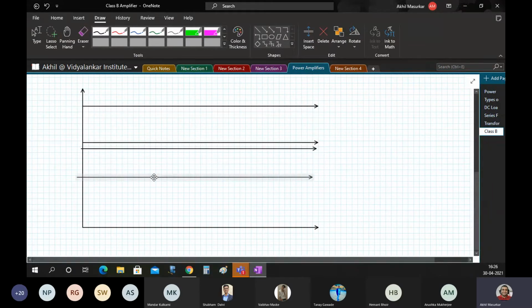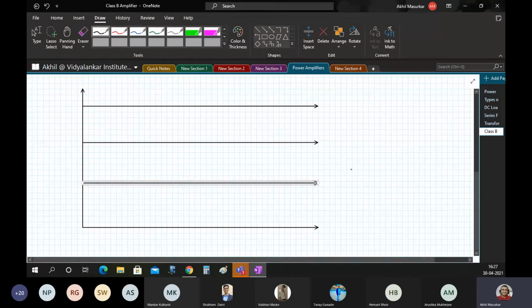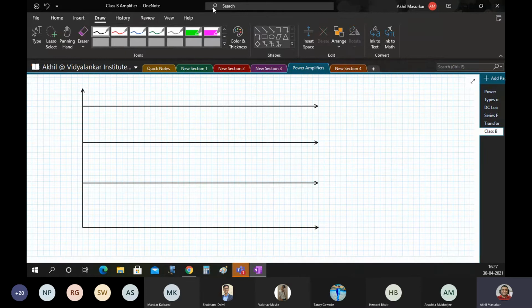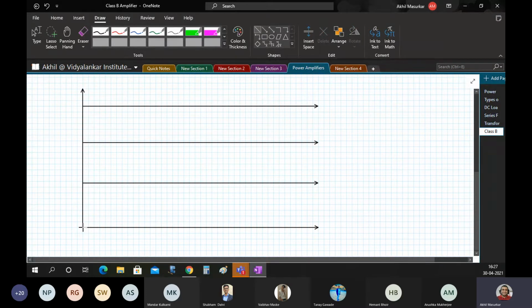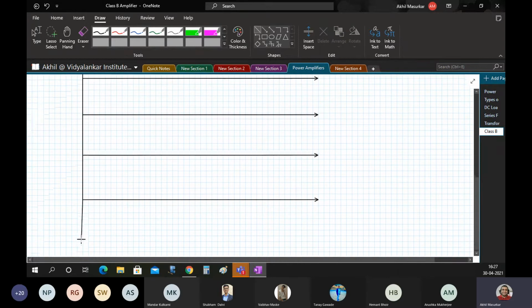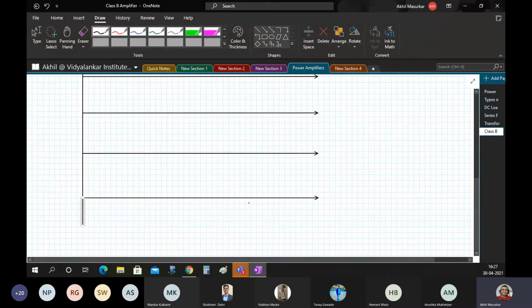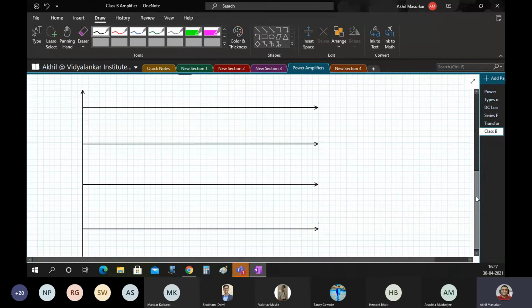Third graph you draw it in this way, and this will be your fourth. So we want 4 of these like this.